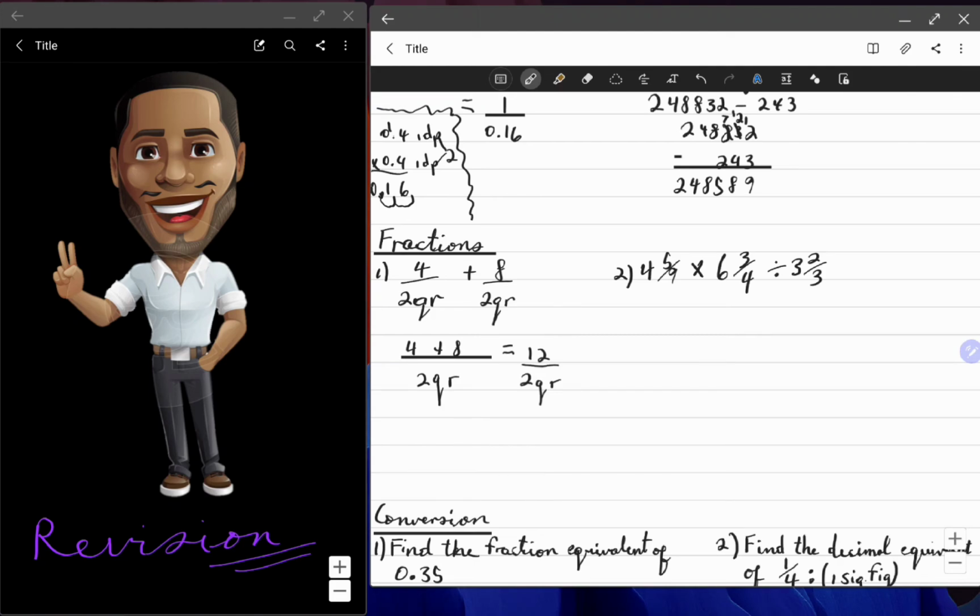So we have basically 3 mixed numbers, and we're going to multiply and then divide. Alright, let's get into this. So first things first, all we're going to need to do is change the mixed numbers into improper fractions to make it a little bit easier for us. So 9 times 4 plus 5, 6 times 4 plus 3, 3 times 3 plus 2.